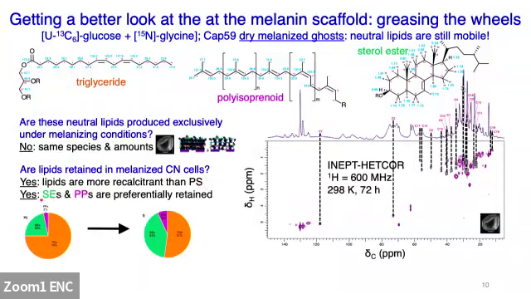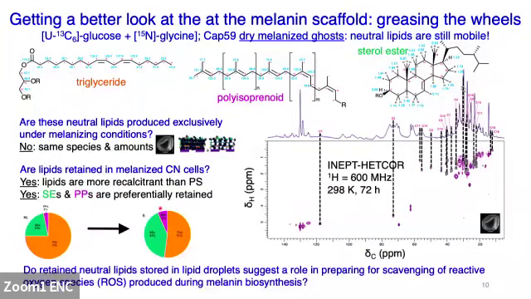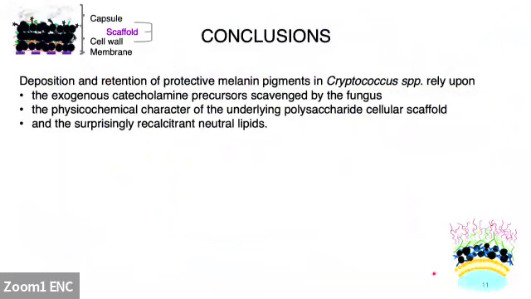Moreover, the sterol esters and the polyisoprenoids are retained preferentially. What we don't know yet, and I present it as an open question, is what are they doing there? Are they readying the cell for the production of melanin, which will produce reactive oxygen species that you might want to scavenge? What's the deal? I leave that as an open question.